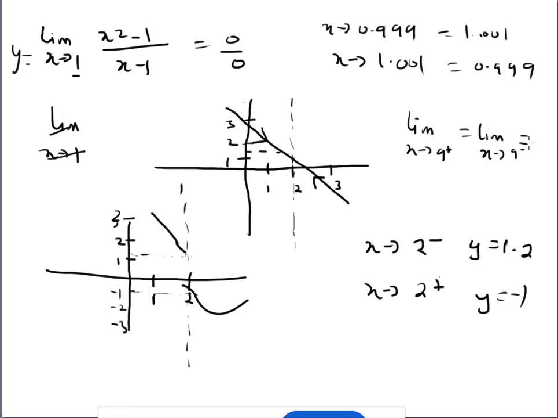They should all give you a constant value. Let's call this L, for the limit to actually exist. So if these two are equal, then you can conclude that the limit as x approaches a is equal to this constant value L. This is the condition that we use to determine if a limit exists or does not exist. So these two tests must be met.